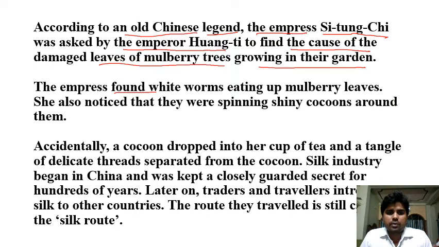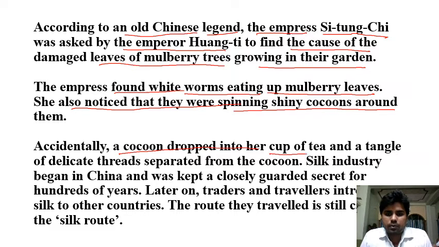The Empress found white worms eating up mulberry leaves. She noticed that they were spinning shiny cocoons around them. Accidentally, a cocoon dropped into her cup of tea, and a tangle of delicate threads separated from the cocoon.